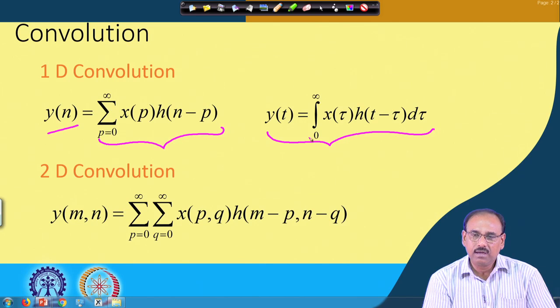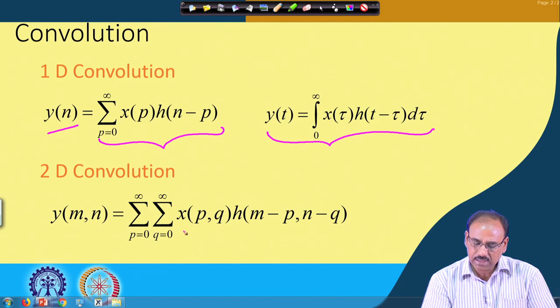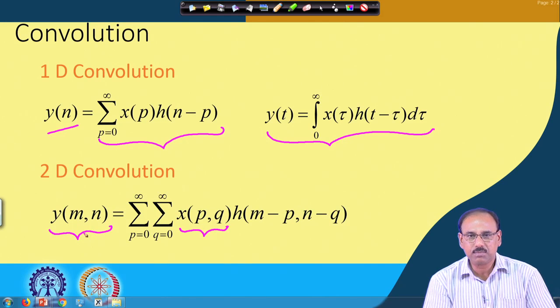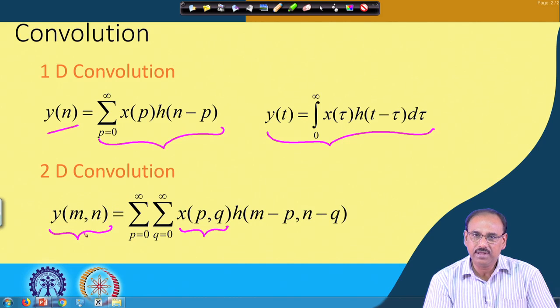In that case, given a linear space invariant system characterized by the impulse response, say h[m,n], and an input signal x, the output signal or response of this system is given by y, where every pixel y[m,n] in the output image is given by the convolution equation: the summation of x[p,q] h[m minus p, n minus q], taken over p equal to 0 to infinity and q equal to 0 to infinity.